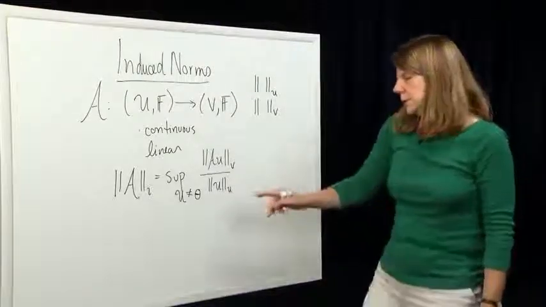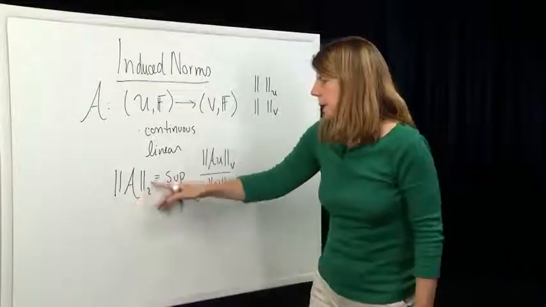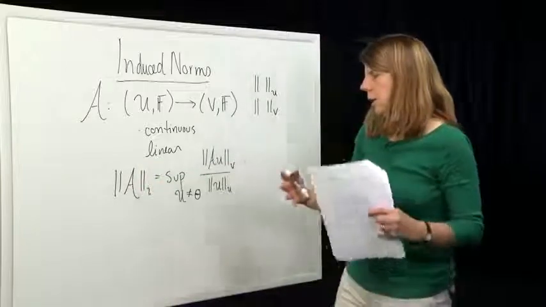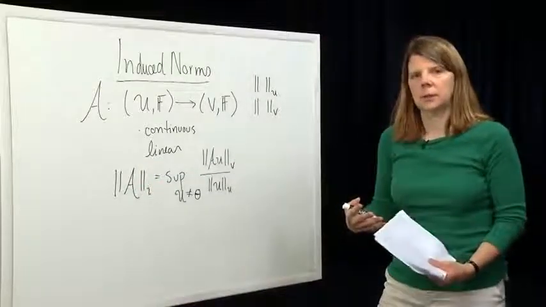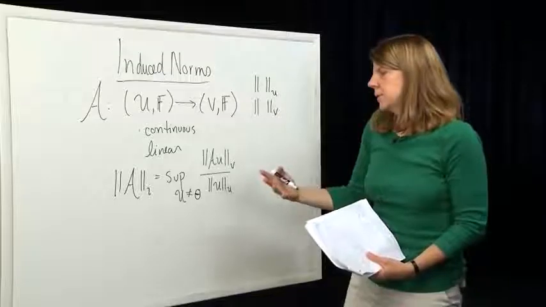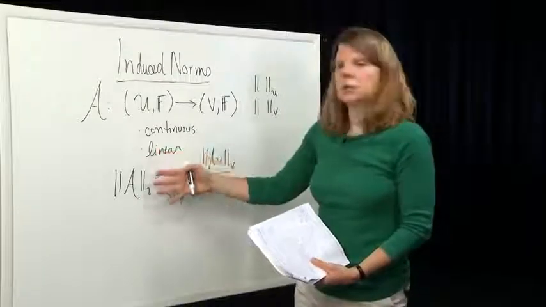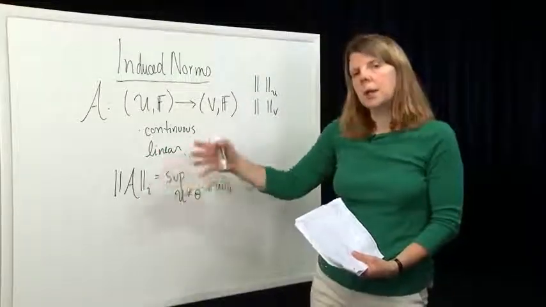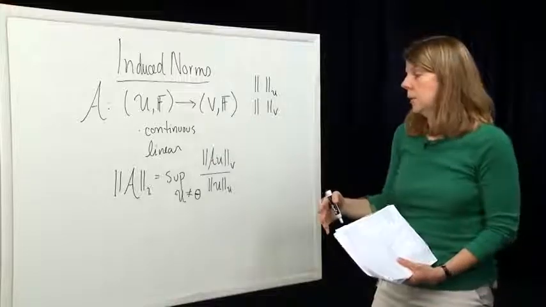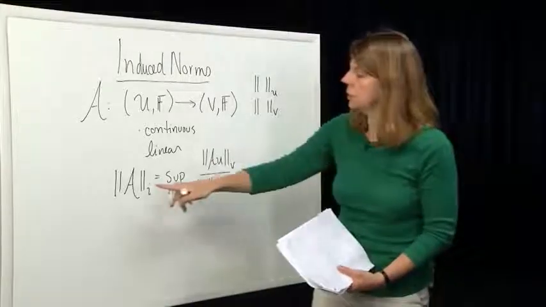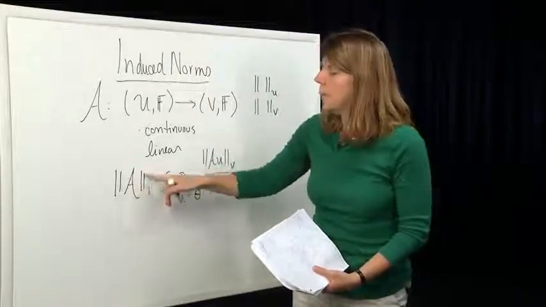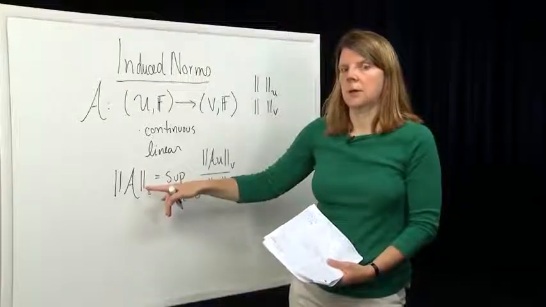Okay, so it gives us some, as I said, some measure on the action of a linear operator. And so through this definition of an induced norm, we can now start to think about the application of this norm to the matrix representation of that operator.